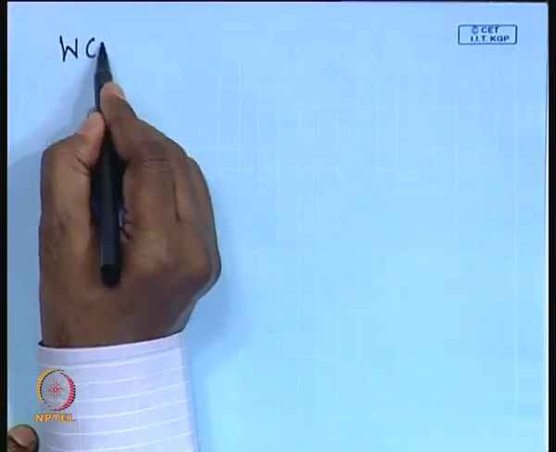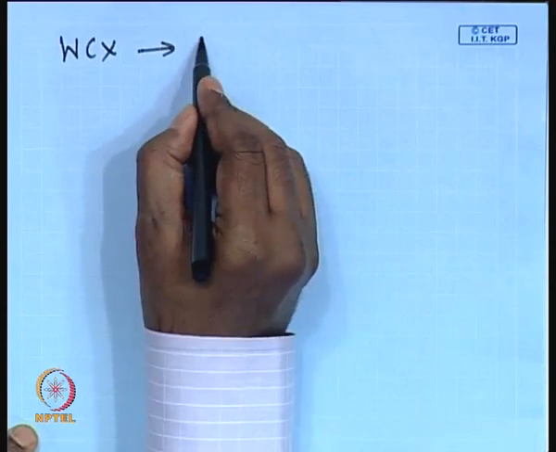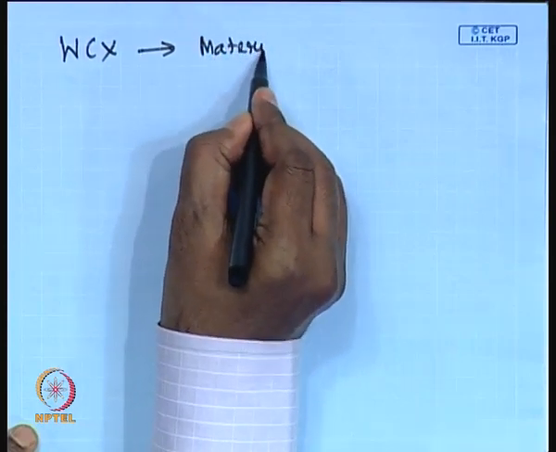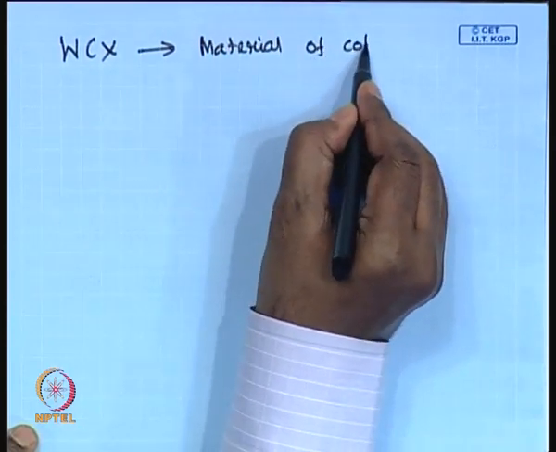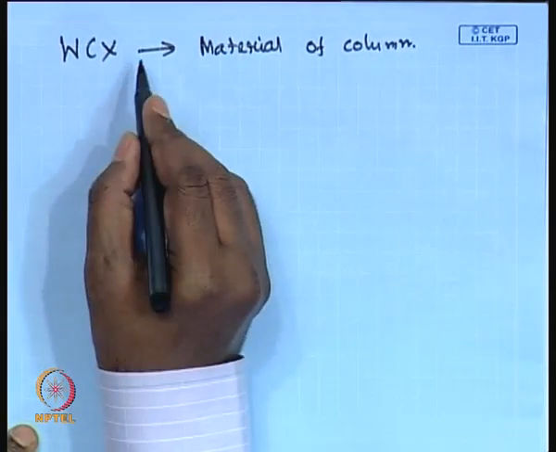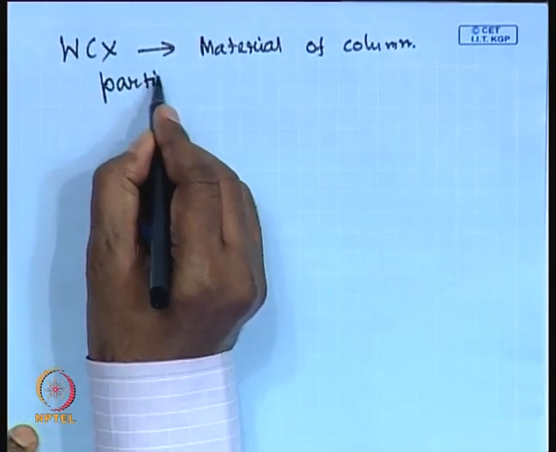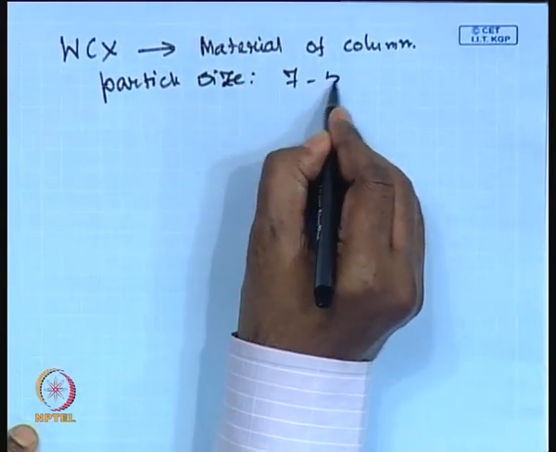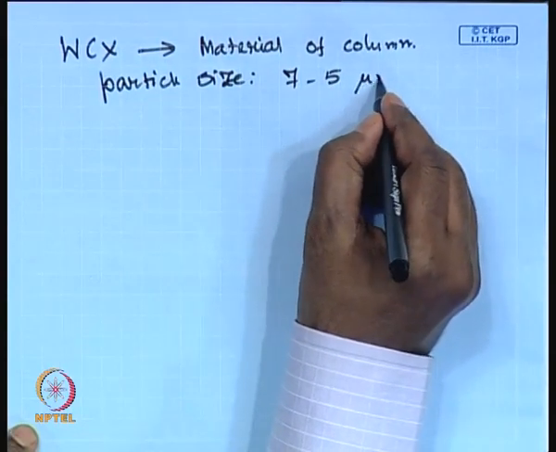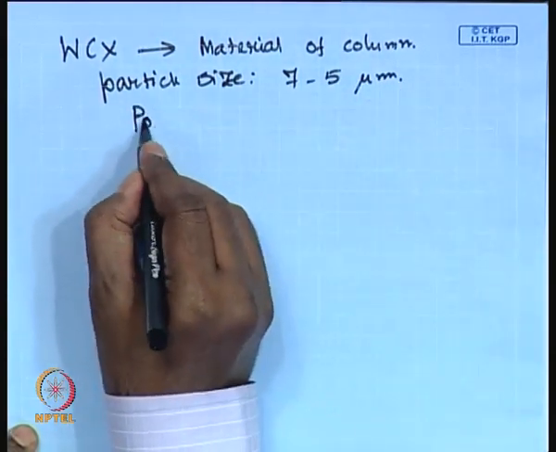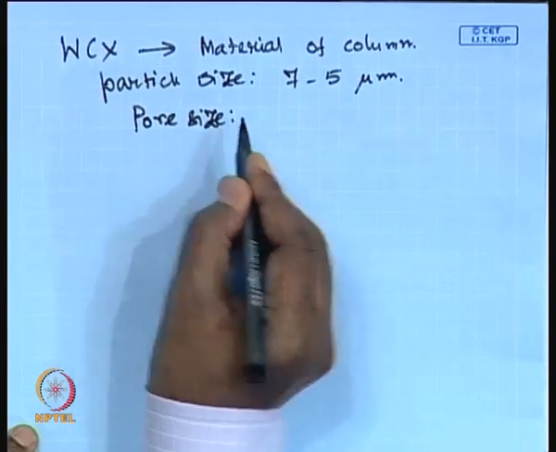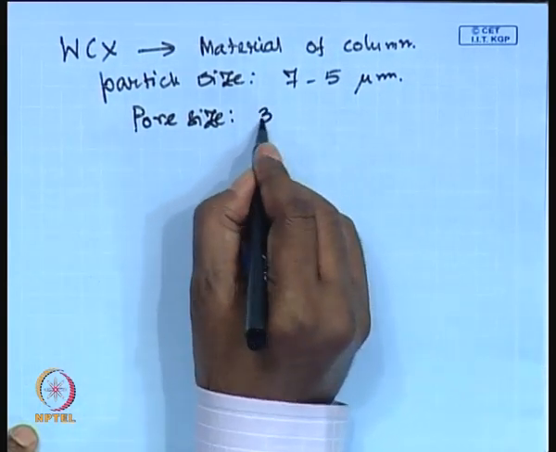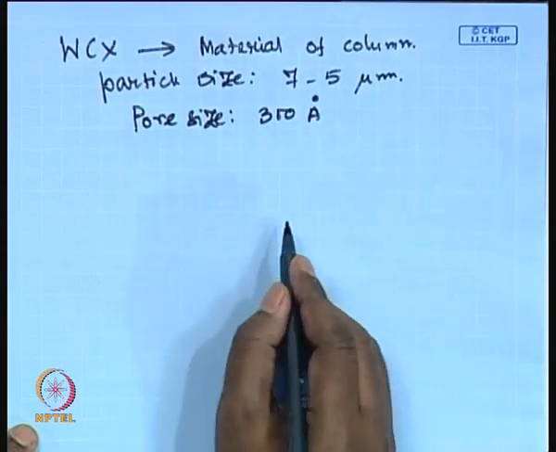It contains a bed of materials, WCX is a typical material of column, and the particle size will be in the order of 5 to 7 micron, and the pore size inside the materials will be 300 angstrom. It will be in that order of magnitude.